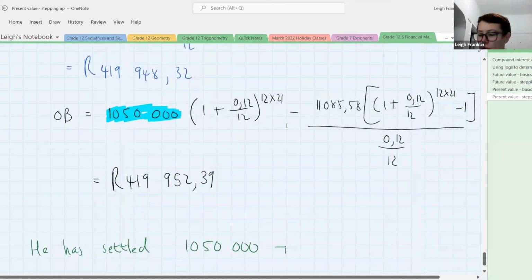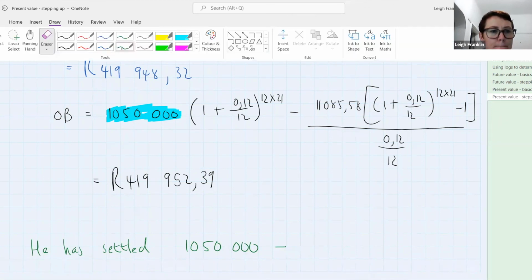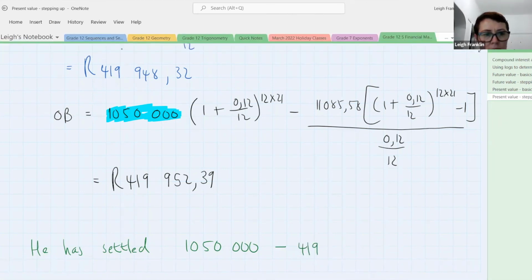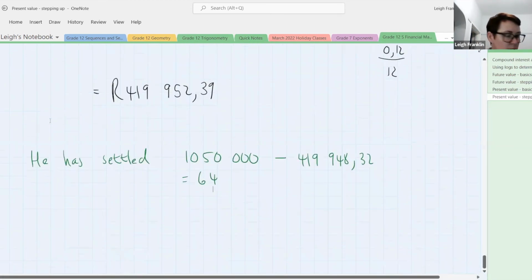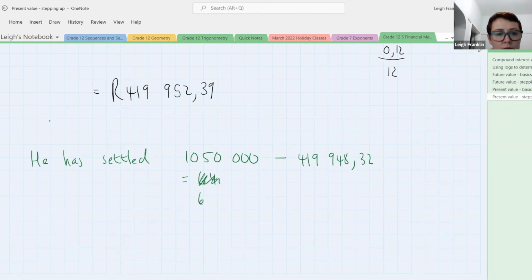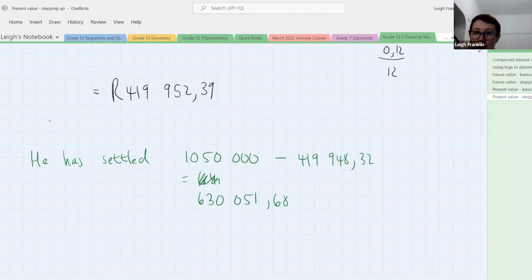When I did this, I worked with the previous one, so I used 419,948.32. That means he's paid off 630,051 rand and 68 cents of his loan. Okay, because that was his balance outstanding at that 21-year mark.